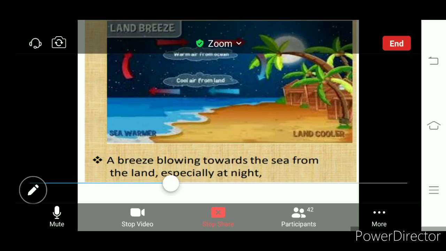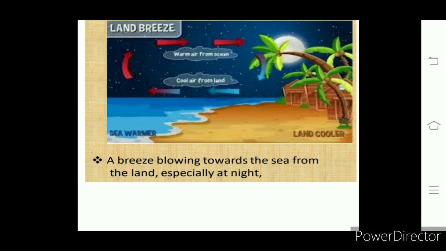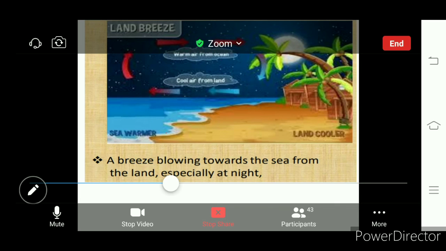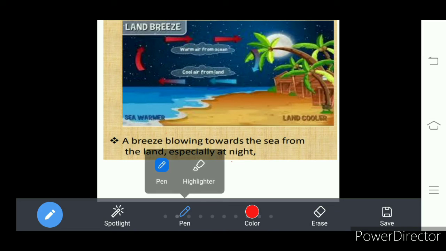You see there, a wind blowing from the land part to the sea is called a land breeze, and a wind blowing from the sea to the land part is called a sea breeze.